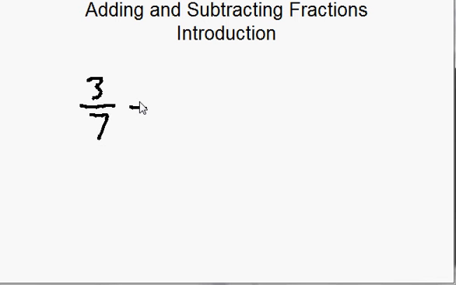So let's try 3/7 plus 1/6. Now in this case, I've got to find a denominator that's common for both these fractions. There's nothing I can multiply 6 by, no integer that would give me 7. So I need to find a common multiple of 7 and 6.